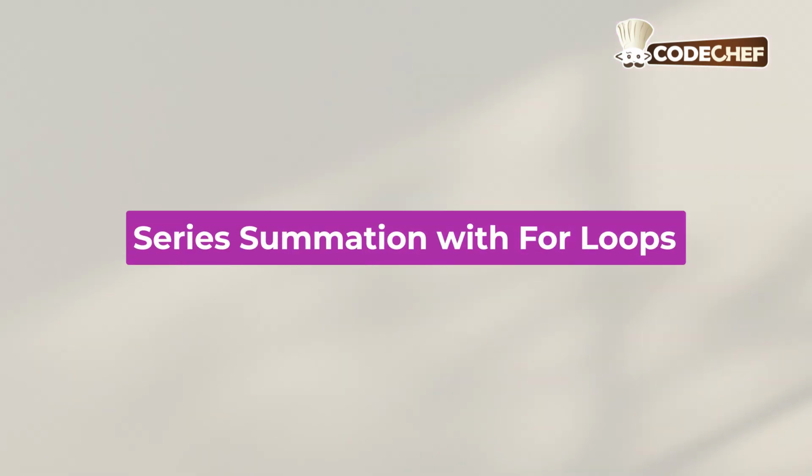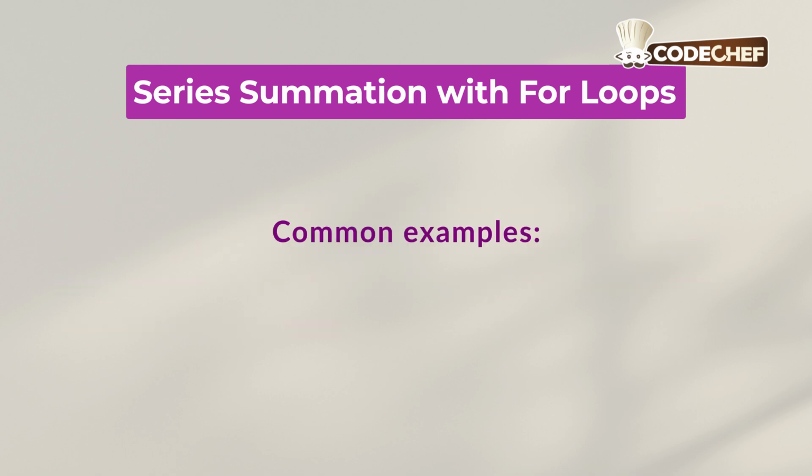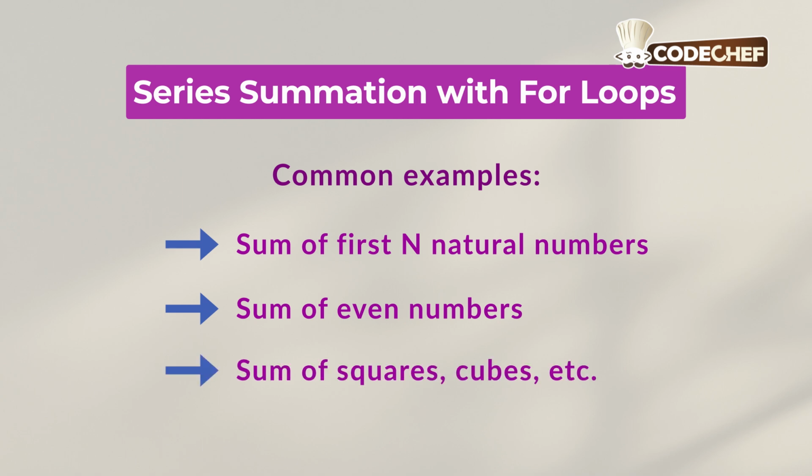Series summation with for loops. Series summation means adding a sequence of numbers. For loops are ideal for this because they allow us to iterate through the range and accumulate the sum. Some common applications of series summation with for loop are getting the sum of first n natural numbers, or the sum of even numbers, or the sum of squares, cubes and so on.